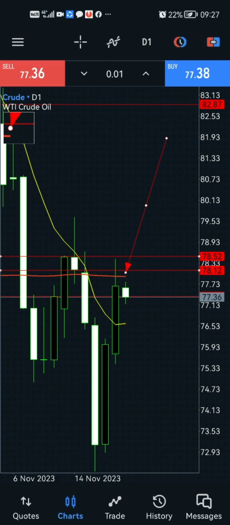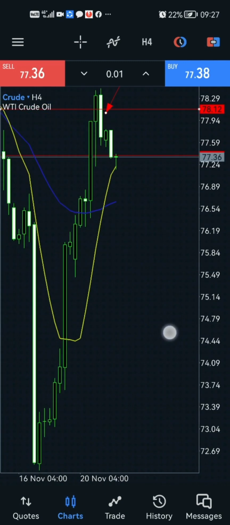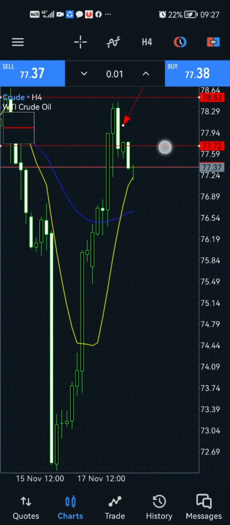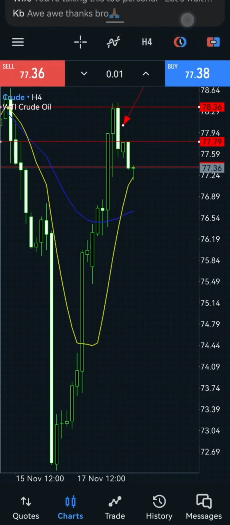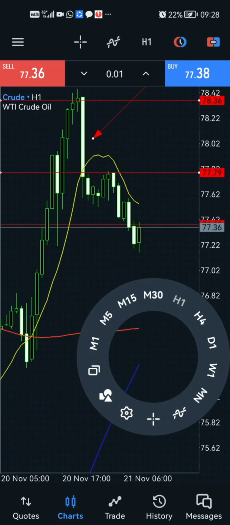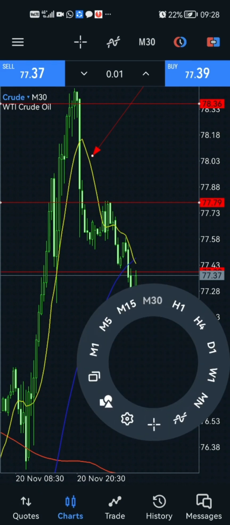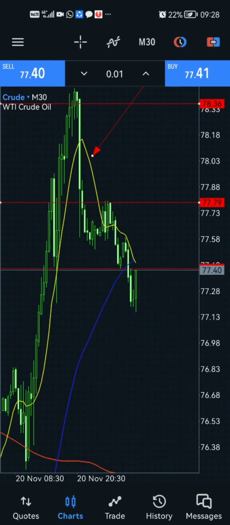Now it's going downwards. It's even below the moving average. We zoom into smaller time frame. We see that the initial shift now. Actually, let's see up to the. So we'll make our entry here.